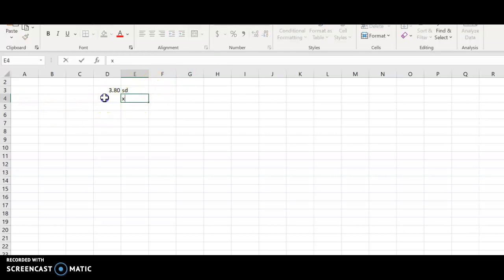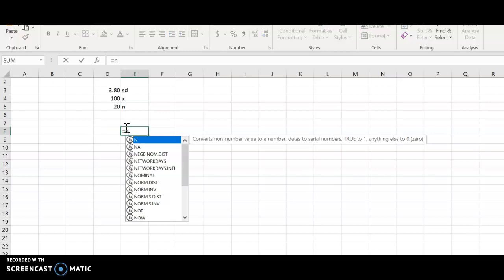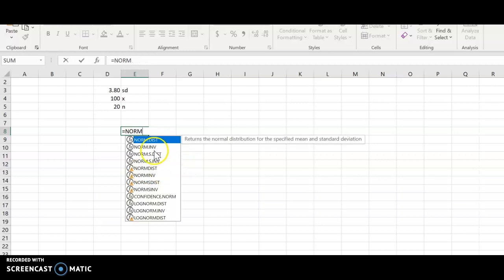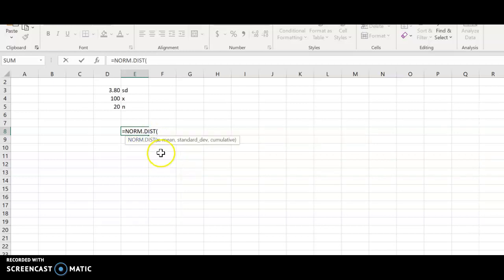I believe x was 100 and n was 20. So then we're just going to do norm.dist. Okay, actually, so we don't have to get the z-score, let's do norm.dist.